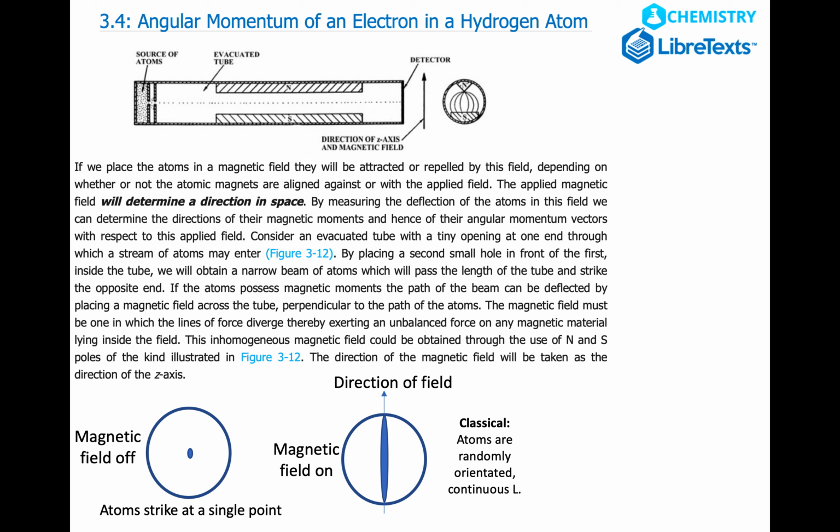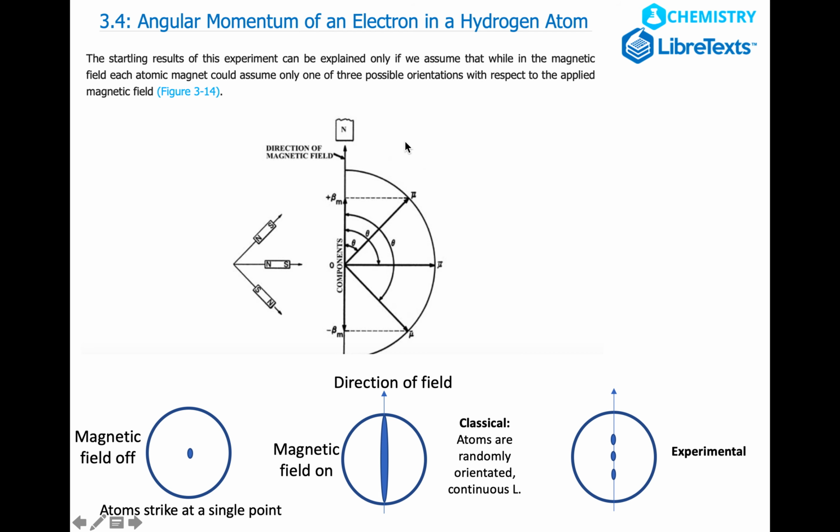How about the actual experiment? With the actual experiment, we don't find a continuous range. Within the actual experiment, we see discrete regions where the atoms are striking the detector. As the author notes, the startling results of this experiment can only be explained if we assume that while in the magnetic field, each atomic magnet could only have one of three possible orientations with respect to the field.